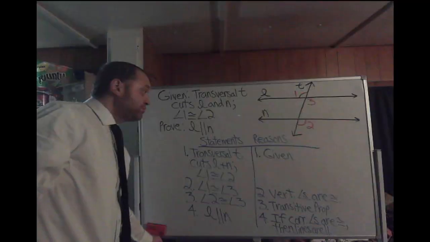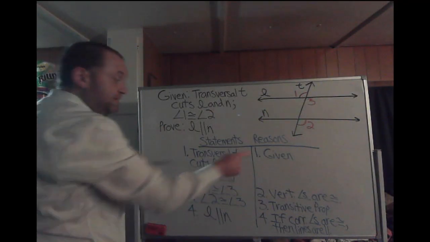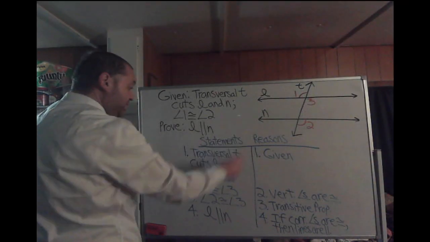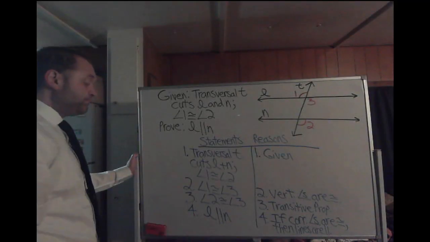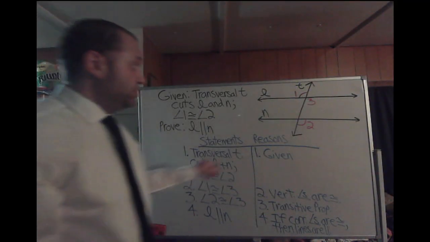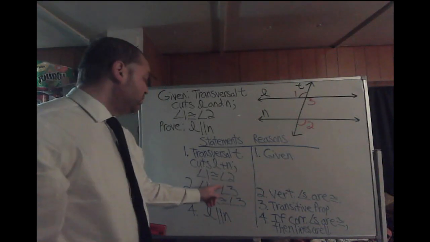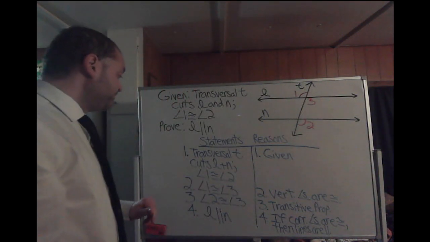So let's go over this proof again here. Statement 1, we use the given information to state that transversal T cuts lines L and N, and angle 1 is congruent to angle 2. That was given. The second thing we can do, we observe that angles 1 and 3 are vertical angles, so angle 1 is congruent to angle 3 by vertical angles are congruent.